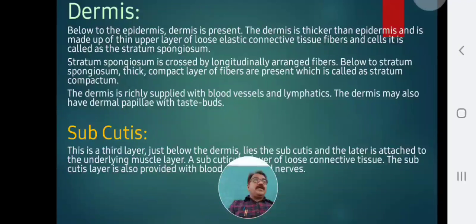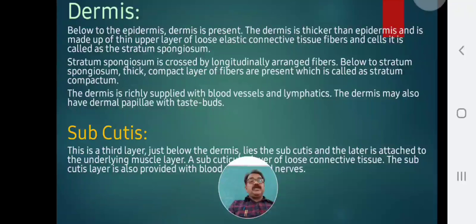That is the upper layer, the upper cells of the dermis. It is made up of a thin upper layer of loose elastic connective tissue fibers and cells, called the stratum spongium.